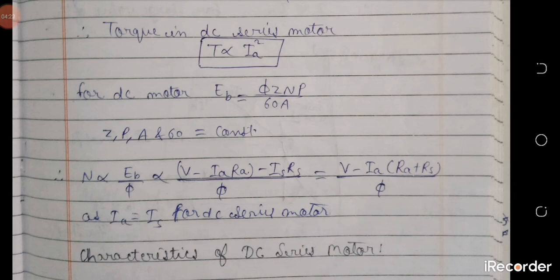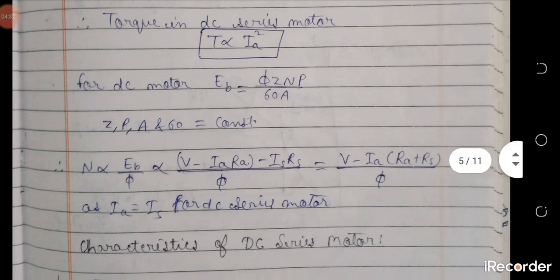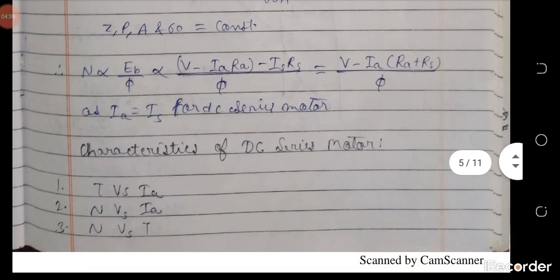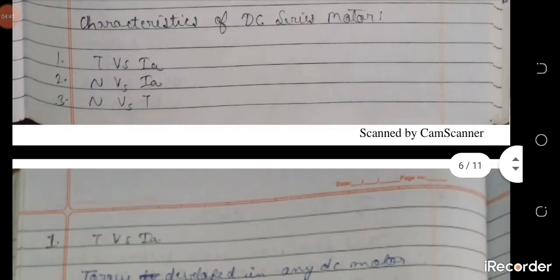This is proportional to V minus IaRa minus IsRs upon phi. This is equal to V minus Ia multiplied by Ra plus Rs upon phi, as Ia equals Is for DC series motor.